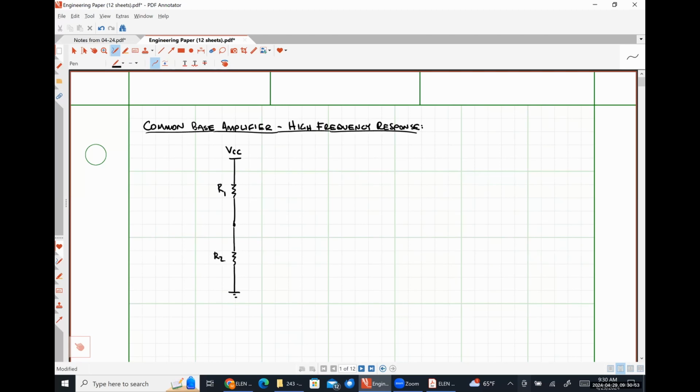Here is our resistor R2. My base capacitance is shorted out, which is going to put my base directly at ground. And so that means that from our small signal perspective, resistors R1 and R2 are shorted out on both sides, so they're not going to show up anywhere.